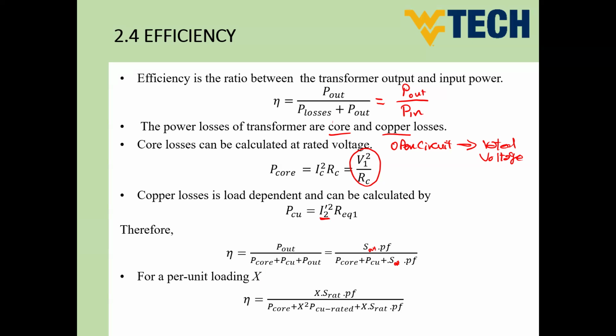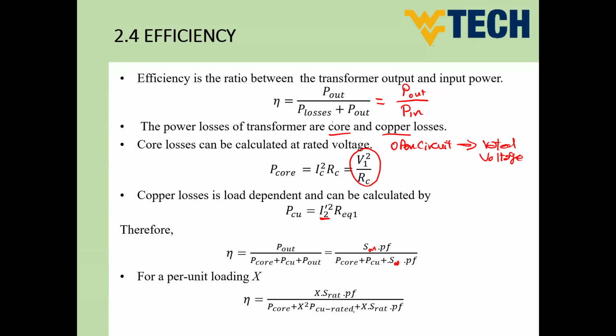So if you would like to get a general form for the efficiency as a function of the loading condition, we can say X, which is the loading condition, times S rated value times power factor, divide P core plus, you know that this is P copper. We will come to this point now, plus X times S rated times power factor, which is the same as P out. But why here do we use X squared P copper rated?